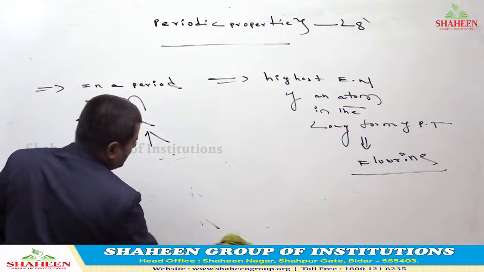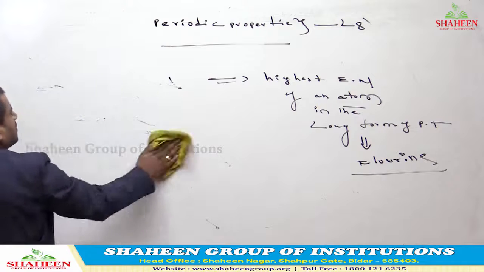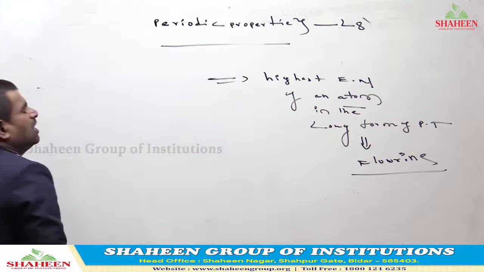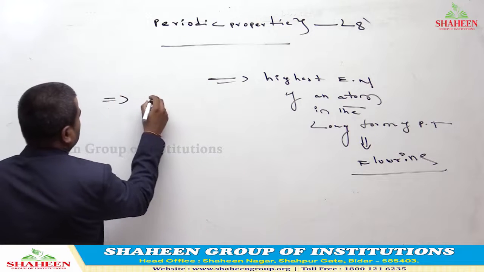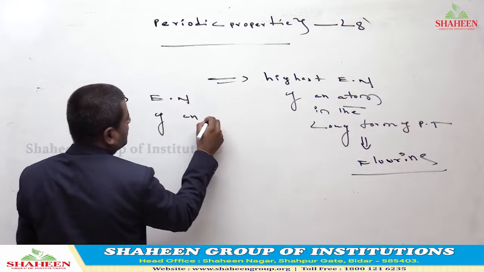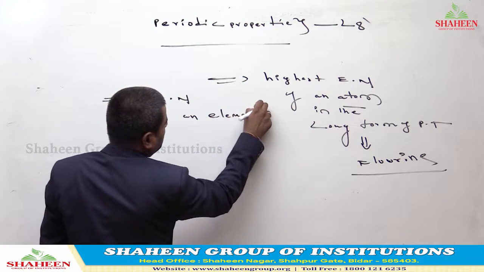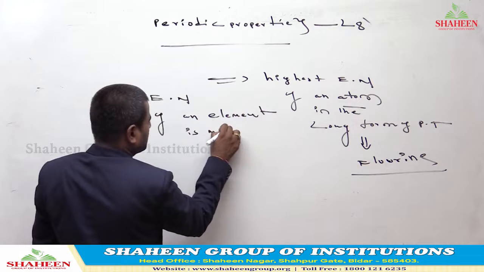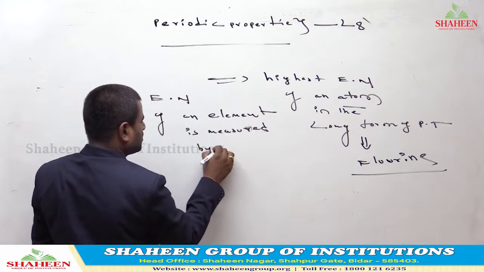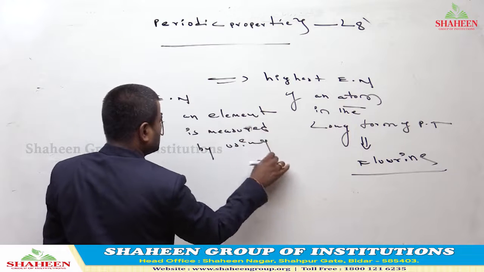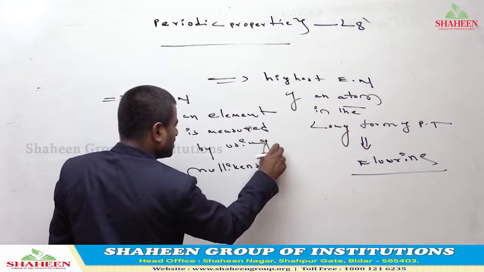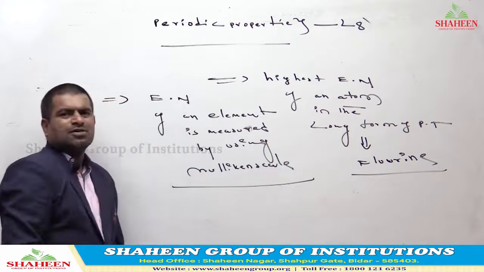The electronegativity of an atom is measured by using a scale, it is called the Mulliken scale. Mulliken is the name of a scientist.